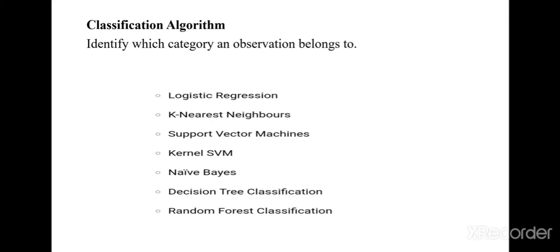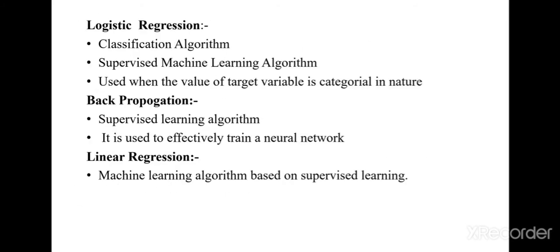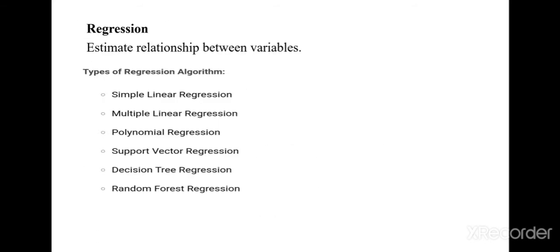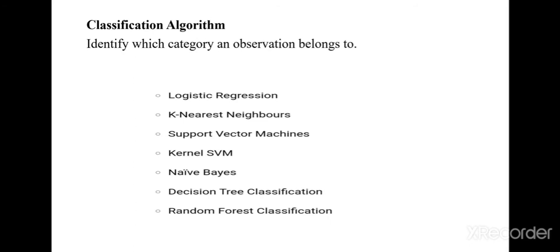The algorithms under classification are logistic regression, which we discussed first, and then k nearest neighbors, support vector machines, kernel SVM, naive Bayes, decision tree classification, random forest classification. So these are some algorithms which are under classification algorithms.